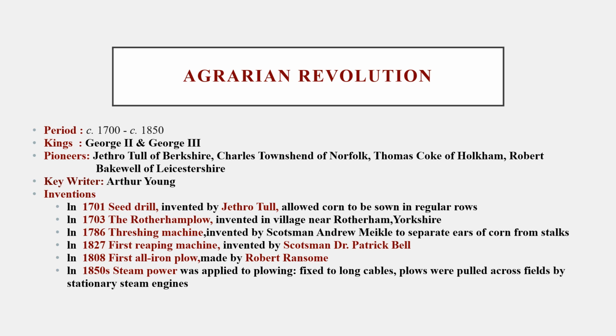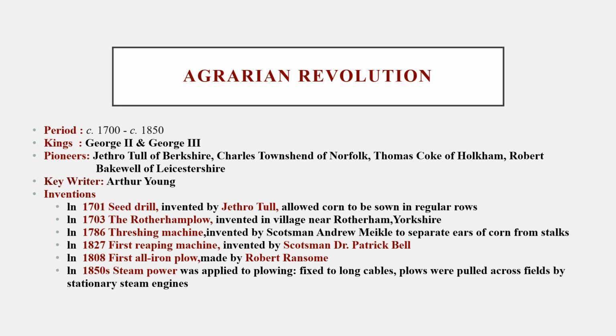The pioneers of the agrarian revolution are Jethro Tull of Berkshire, Charles Townshend of Norfolk, Thomas Coke of Holkham, and Robert Bakewell of Leicestershire. The key writer who promotes the revolution is Arthur Young.